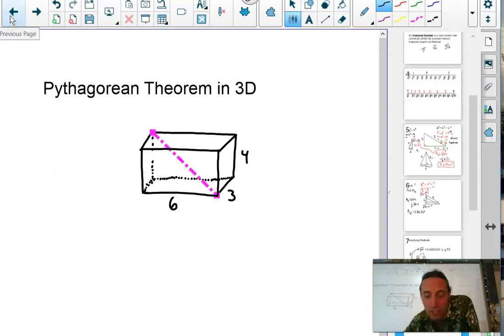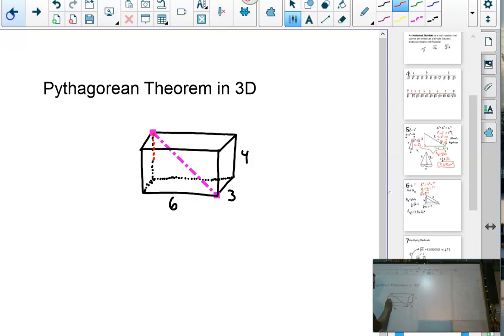The last thing I want to show you is how this looks in 3 dimensions. If you had a 3-dimensional figure and you asked how long is the diagonal from one corner to the next, well, let's just do it. Really what I'm saying is I need to draw a right triangle like that, and if I figure out this diagonal in here, that's also a right angle, so I can figure that one out.